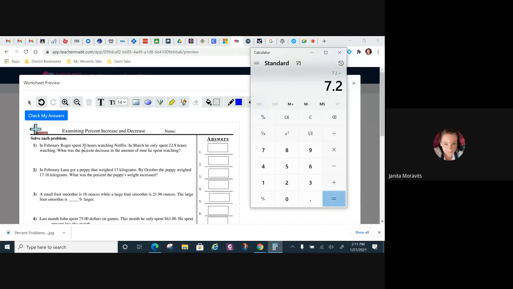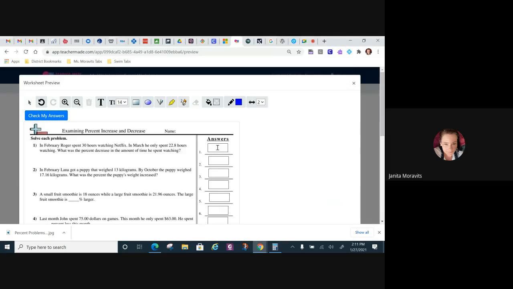And the original amount was 30 hours. So we're going to divide that by 30. So we have 0.24. Now, remember, we can move our decimal 2 places to the right, or we can multiply it times 100, and we get 24%.